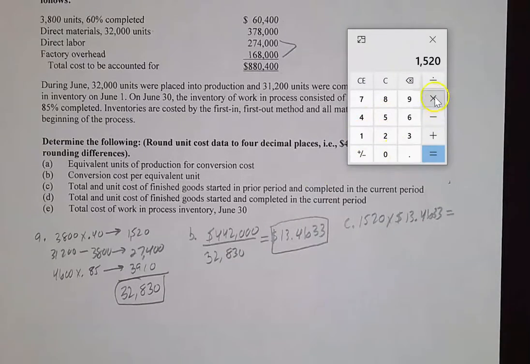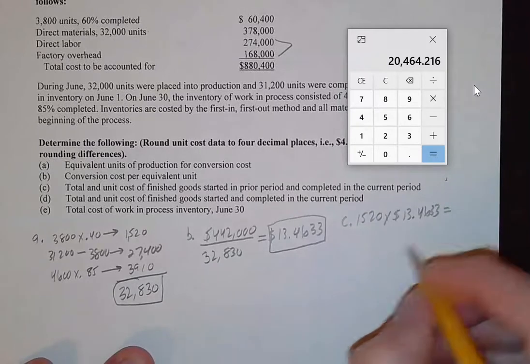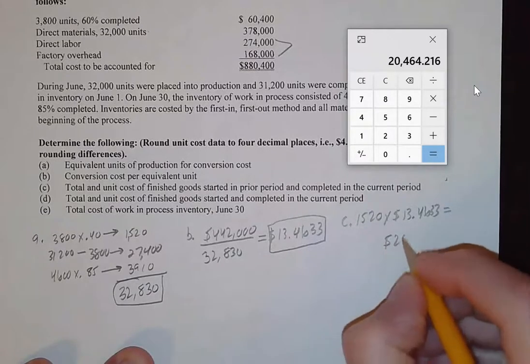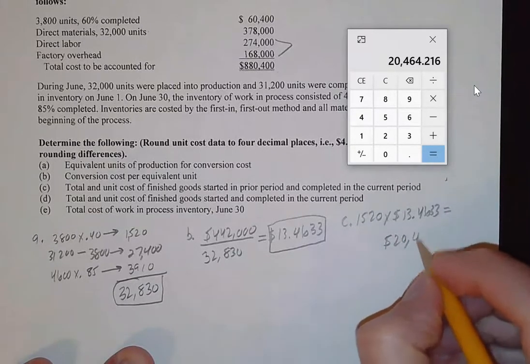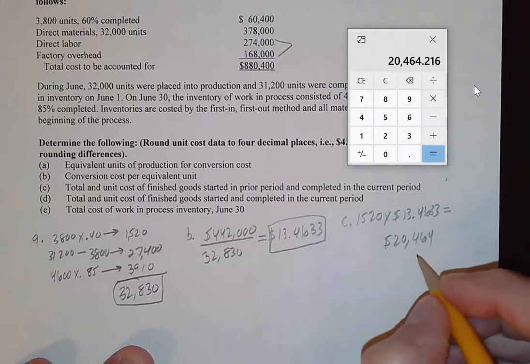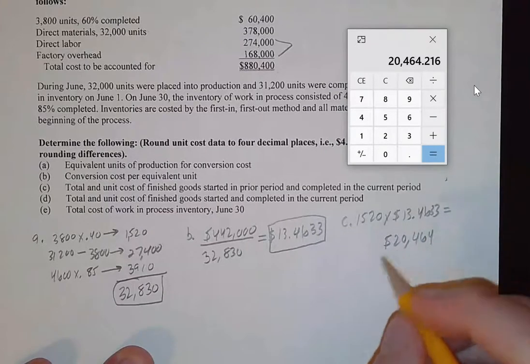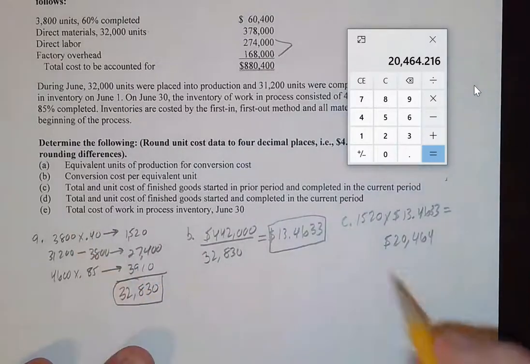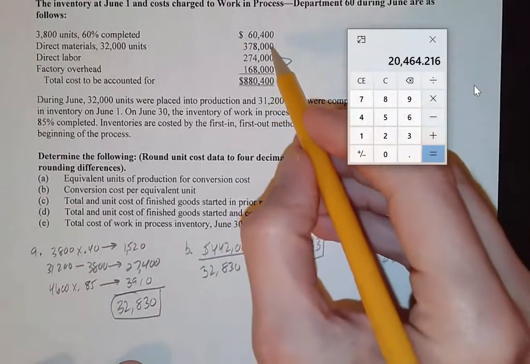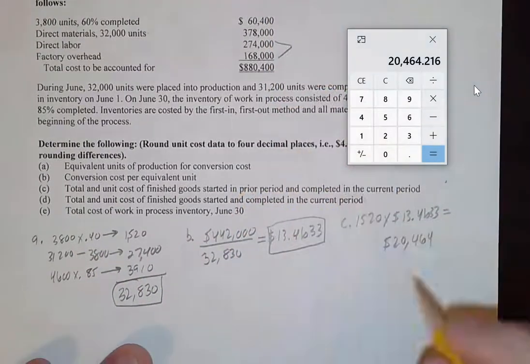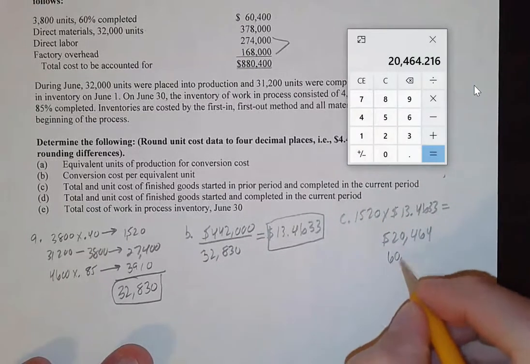And if we do that, let's get the calculator over here. 1,520 times the 13.4633 that we already calculated, and that's going to give us $20,464. However, they're asking for the total cost, so we have to come back up here and grab this 60,400 and add it to that.